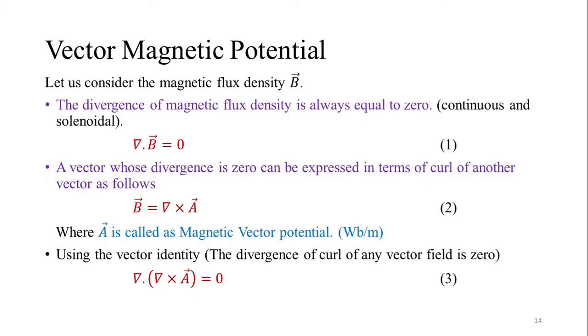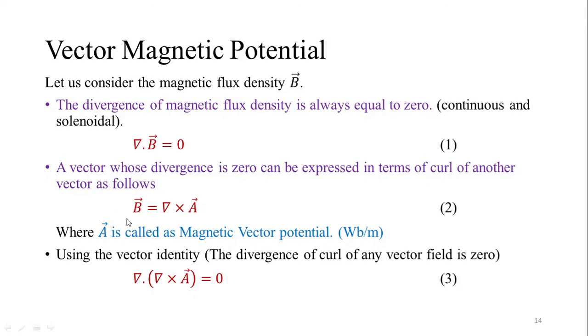Now let's see the magnetic potential in vector form. Let us consider the magnetic flux density B vector. The divergence of magnetic flux density is always equal to 0. That is the Maxwell equation: del dot B is equal to 0. A vector whose divergence is 0 can be expressed in terms of the curl of another vector.